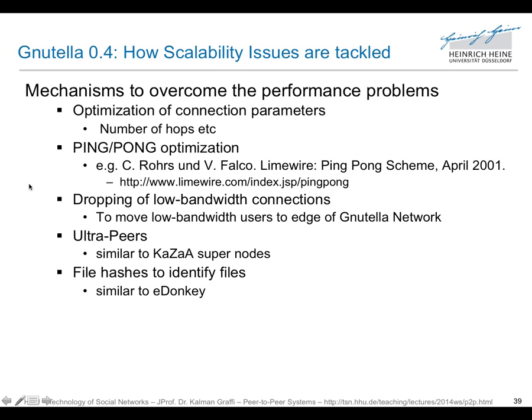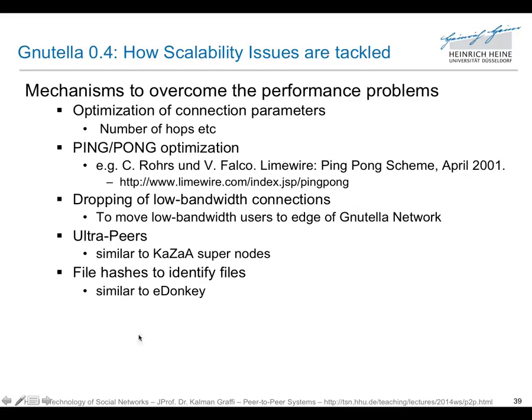We can also throw out the low bandwidth connections, so all the nodes that are too weak to forward messages should be in a place where they don't have too much to do. So they should be at the edge of the Gnutella network or connected to an ultra peer. They are anyway weak, they connect to the ultra peer, and if they have a few requests, that's okay for the ultra peer to handle.